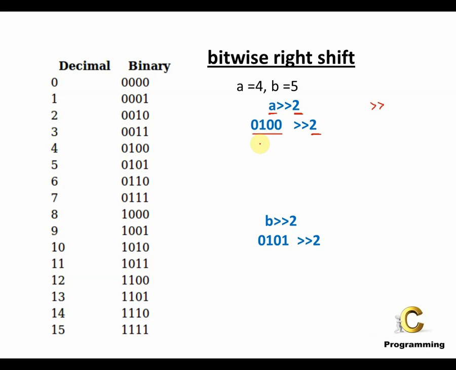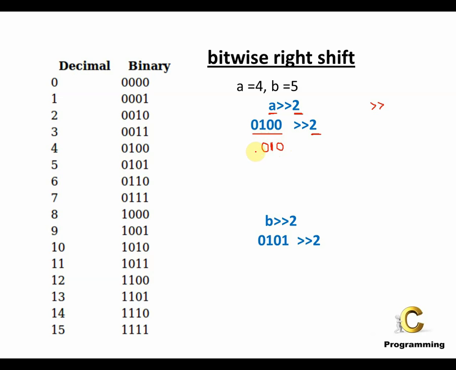So 1 is shifted to this place, hence here you will get 1. This 0 is shifted here, so you will get a 0. This 0 comes over here in place of 1, hence this 0.